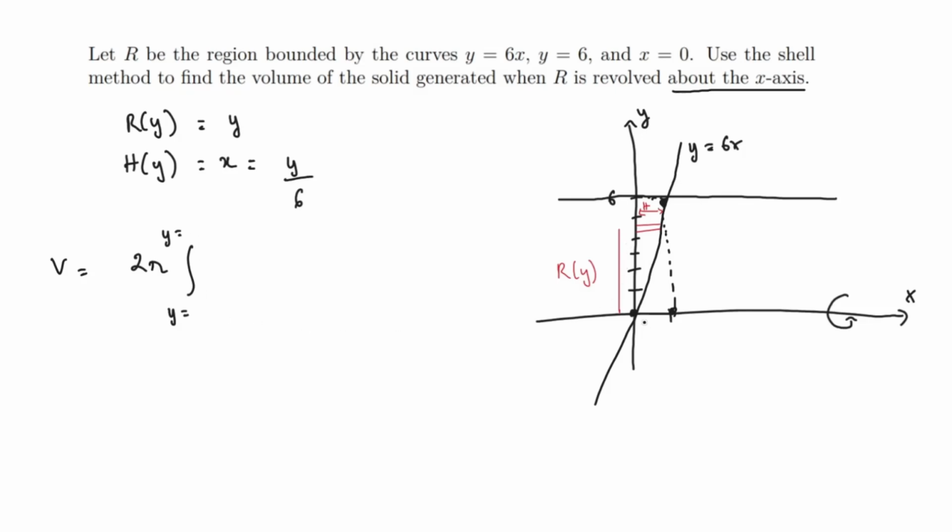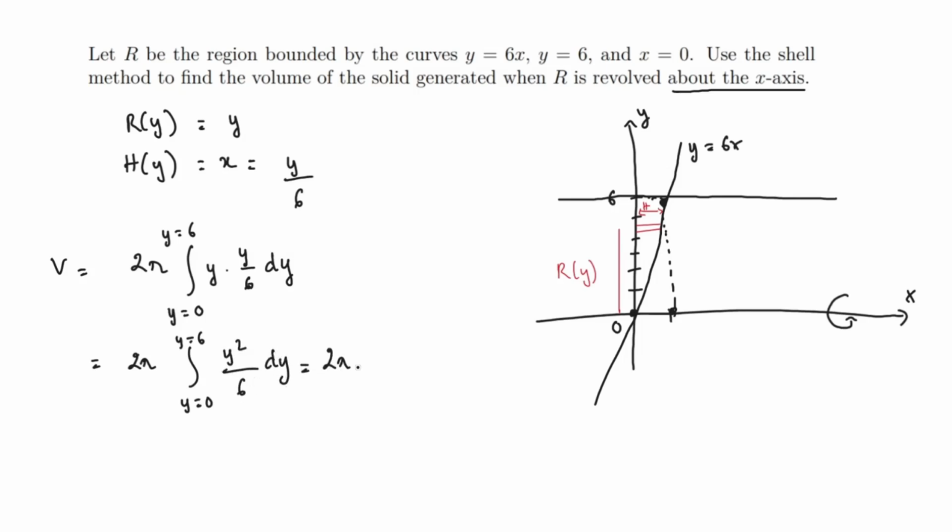Because the region goes from y equals 0 to y equals 6, the limits are 0 and 6. The radius is y, multiplied by the height y over 6, dy. So this is equal to 2 pi, integral from 0 to 6 of y squared over 6 dy.